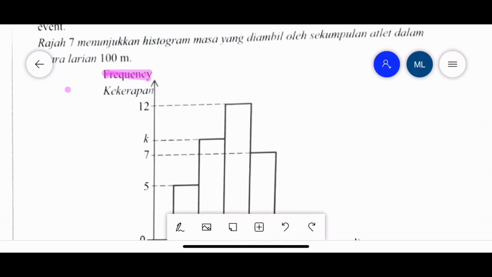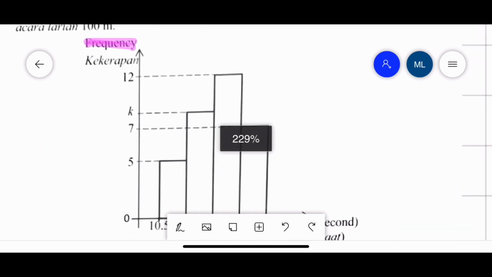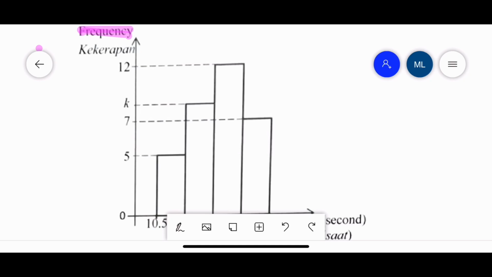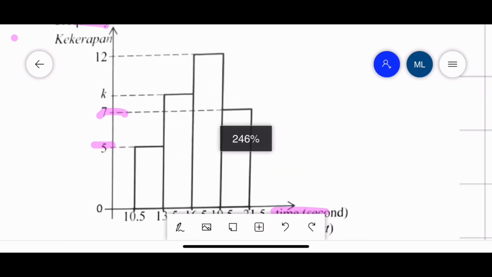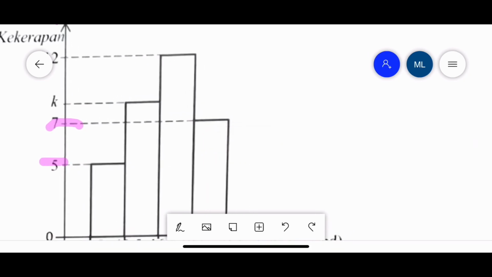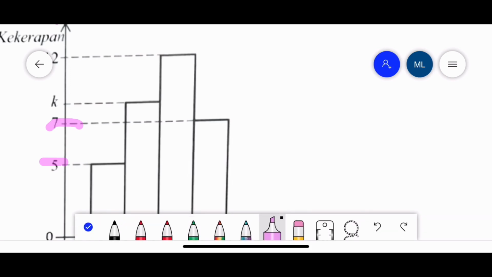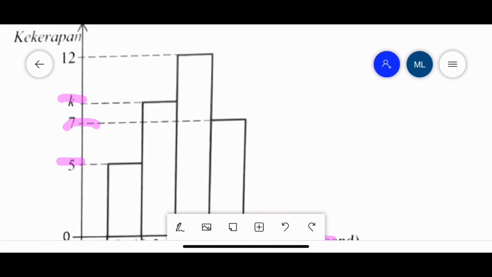Frequency means number of athletes, or number of runners that run for 100-meter, and then the time taken for them to complete the 100-meter. So as you can see, the time is in seconds, and the frequencies are given 5, 7, and K and 12, right?